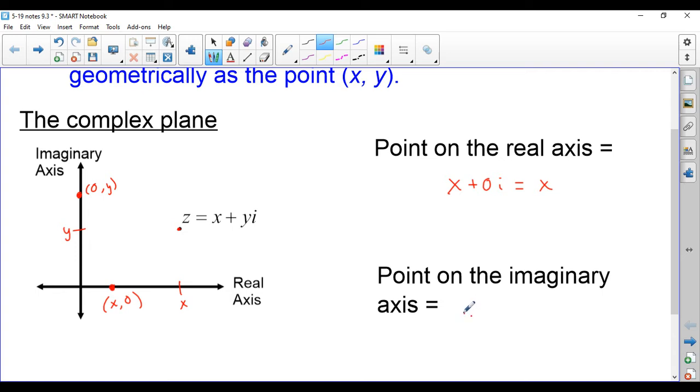So it would be 0 + yi, or just y times i. That's an imaginary number, a pure imaginary. So points on the x-axis are real numbers, and points on the y-axis are pure imaginary. Anything in any of the other quadrants is a non-real complex number that has both a real and imaginary part.